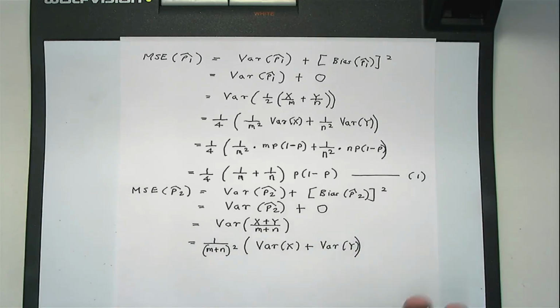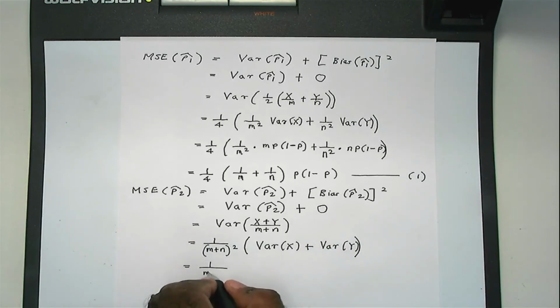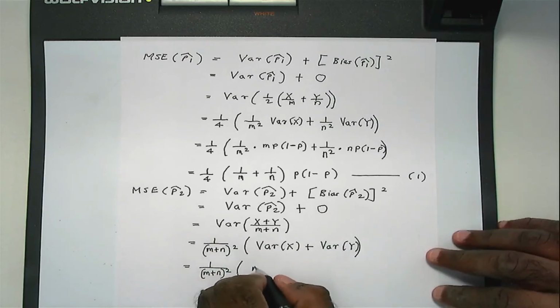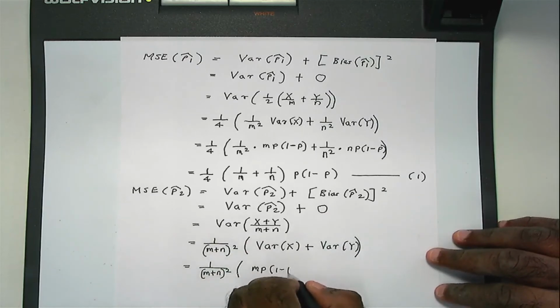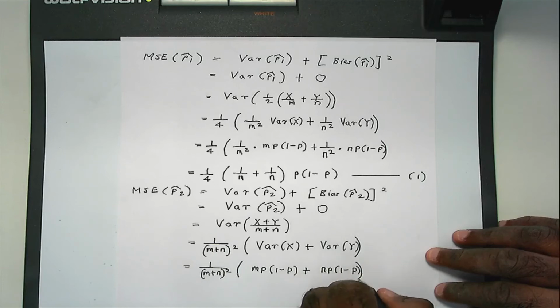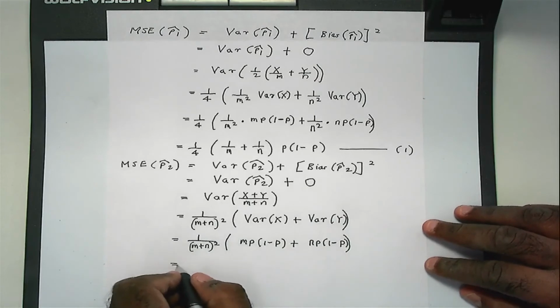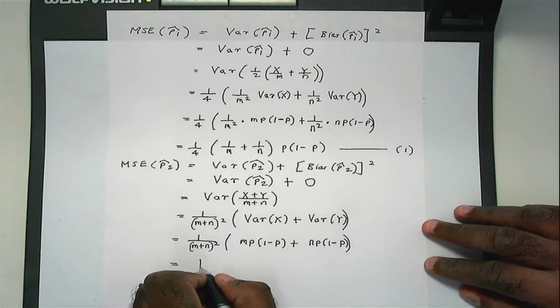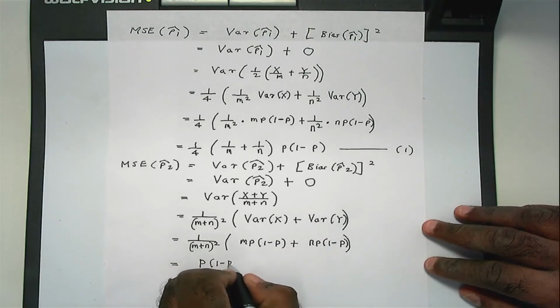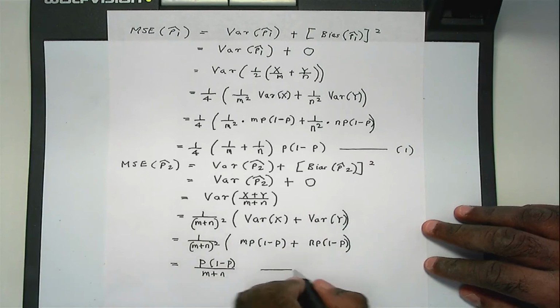Now variance of x, I'm sure that you know, is m p times 1 minus p, and variance of y is n p times 1 minus p. Now simplifying this, you get p times 1 minus p divided by m plus n. Now let me call this equation 2.